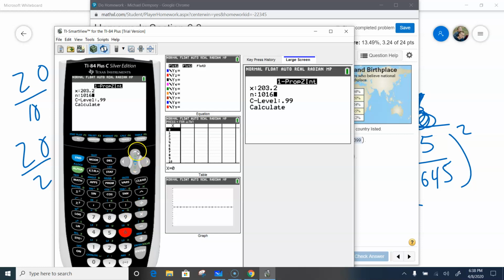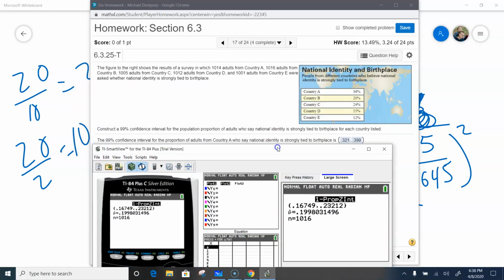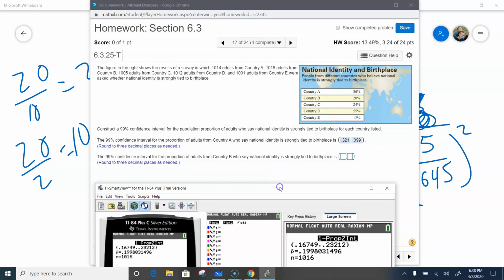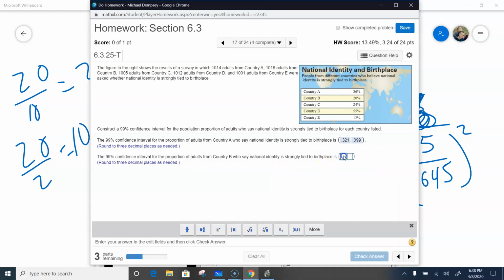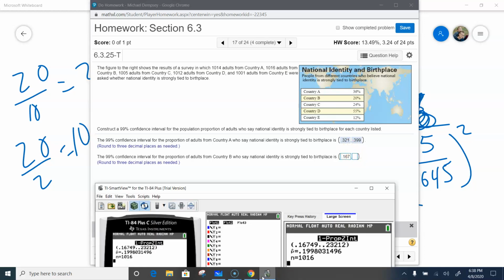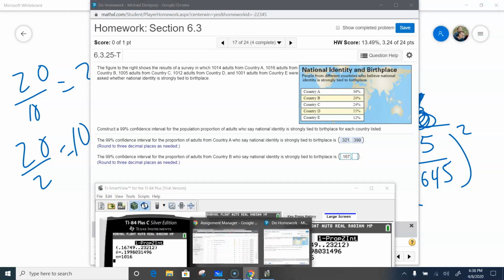But remember, the calculator is going to give you an error if you don't round that to the nearest whole number. It has to make sense to it. But we're still living with 99% confidence. So I get 0.167 to 0.232.